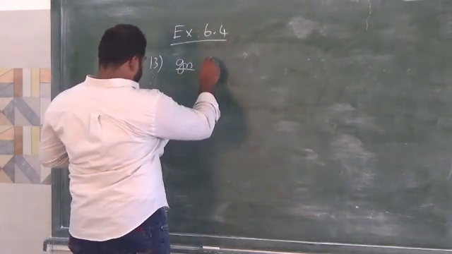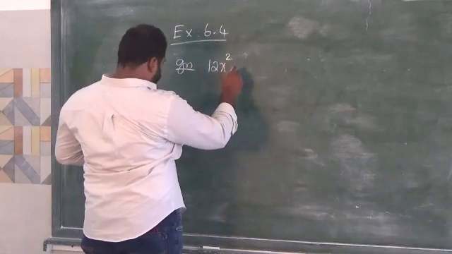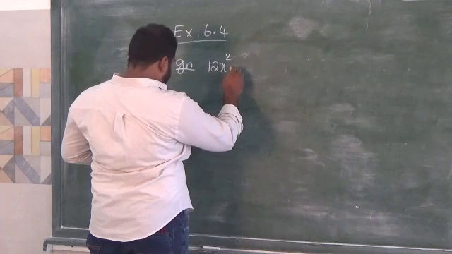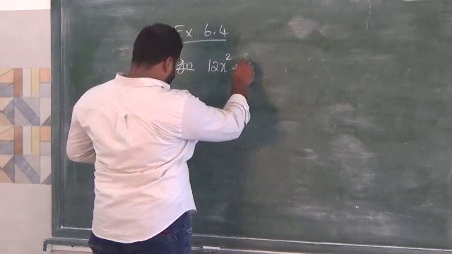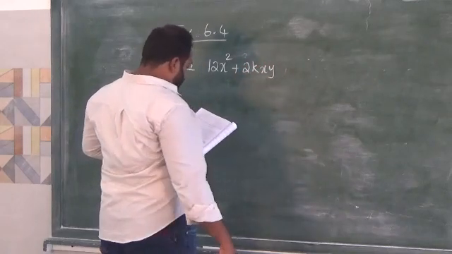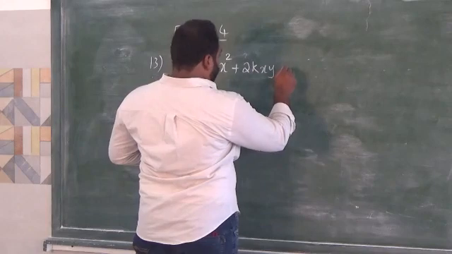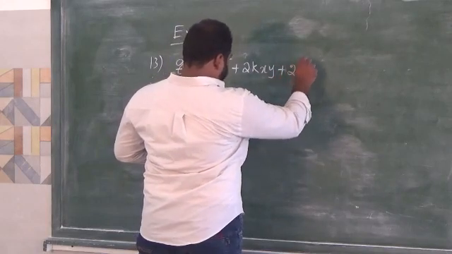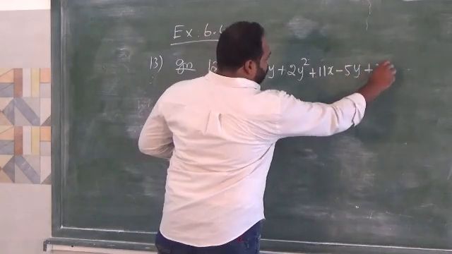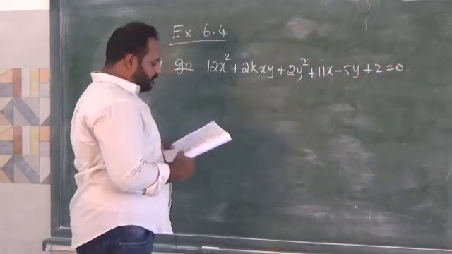So the given pair of straight lines is 12x square plus 2kxy plus 2y square plus 11x minus 5y plus 2 equal to 0.